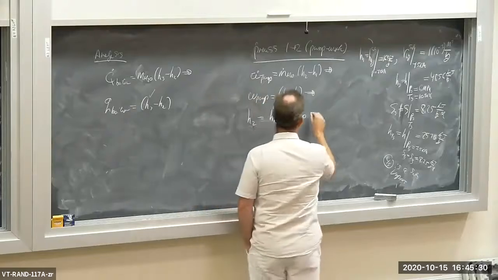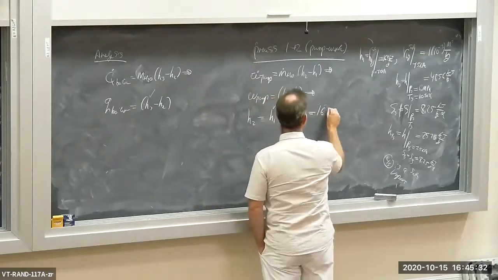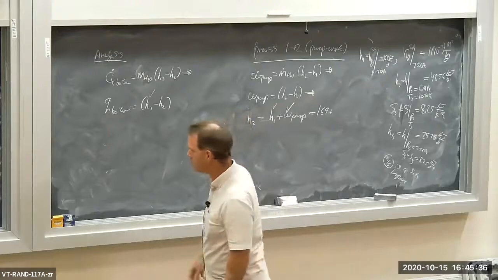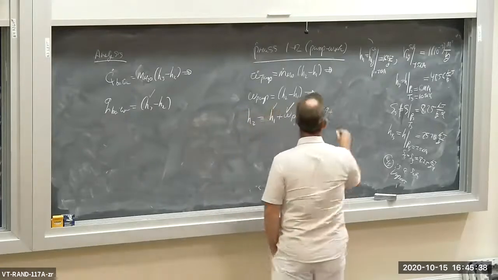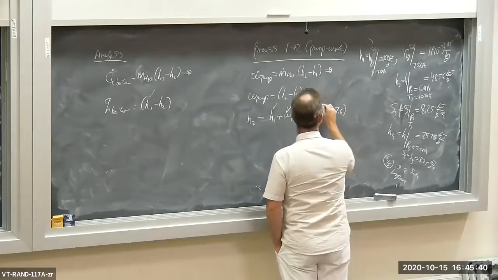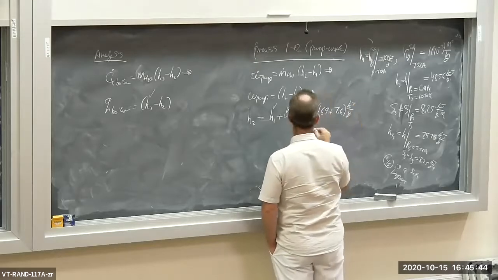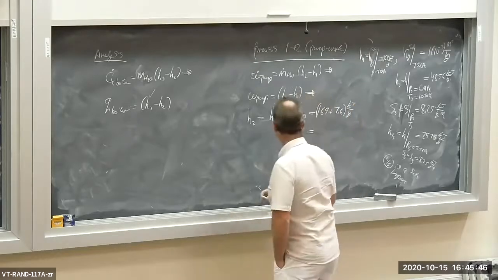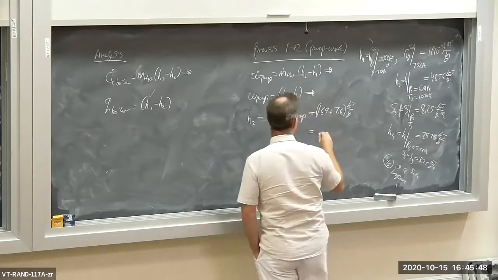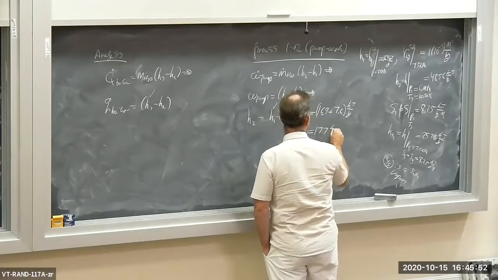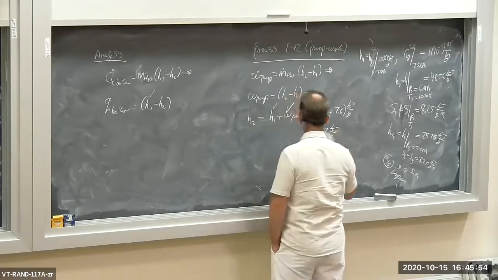Check, excellent. 169 plus the specific pump work, 7.6, in kilojoules per kilogram. Basically, I'm just going to round up here. This is 177 kilojoules per kilogram.